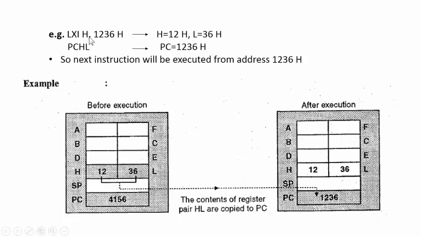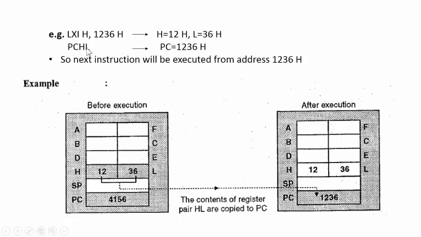But the contents of H and L, according to the PCHL instruction, will work as a memory pointer or the address. So after the execution in H register you will get 12, in L register you will get 36, and suppose this PCHL instruction gets executed.